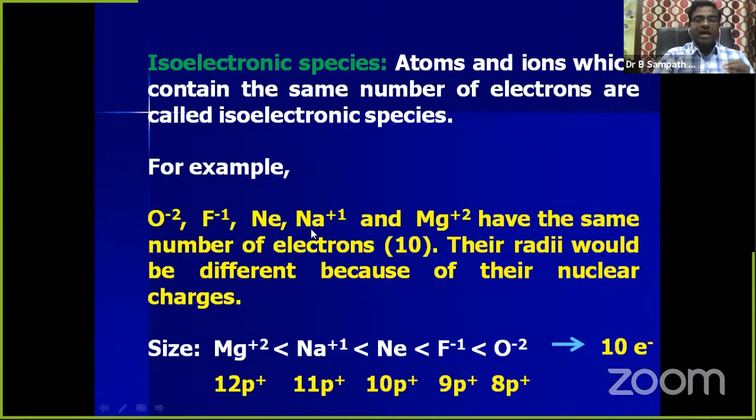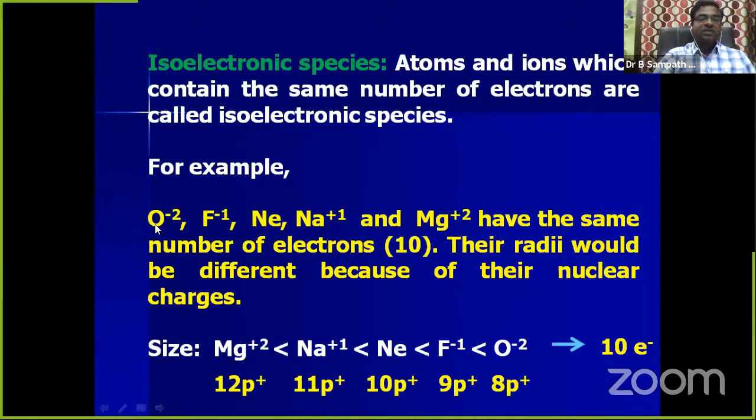This is the sodium ion, after losing 1 electron, so it becomes Na plus 1. And this is the magnesium ion, after losing 2 electrons, so Mg plus 2. So these particles have the same number of electrons, 10 electrons each.